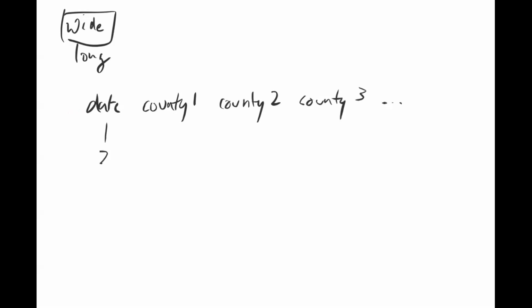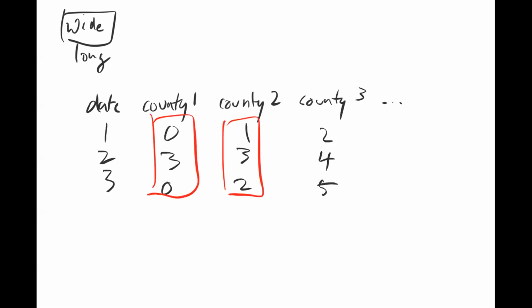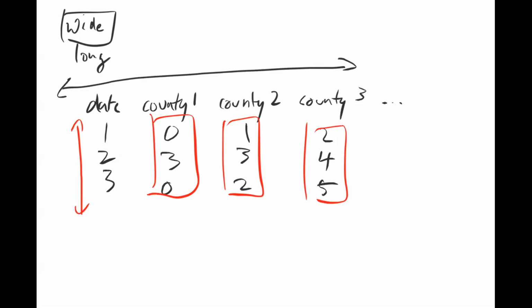And so on day 1, day 2, day 3, the number of cases that I observe in each county would be 0, 1, 2, 3, something like this, right? And so these would specify the number of cases within each county across my dates. And the form of this data is called a wide data set because you've got everything organized across a wide array of columns.